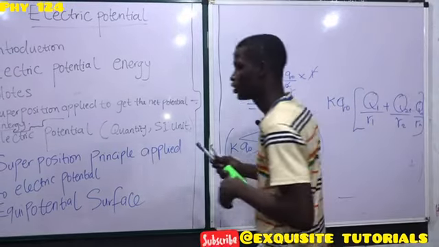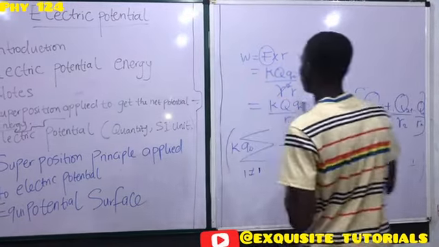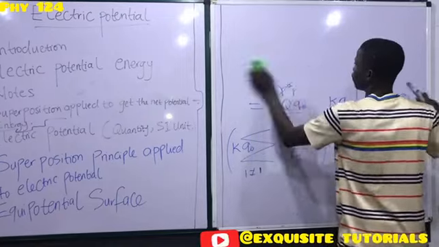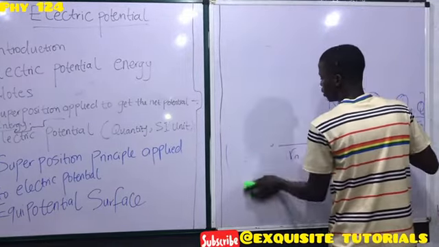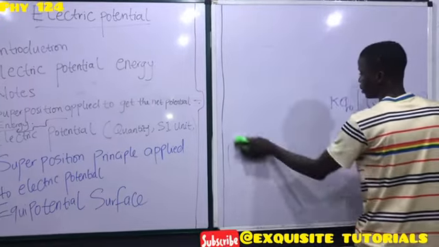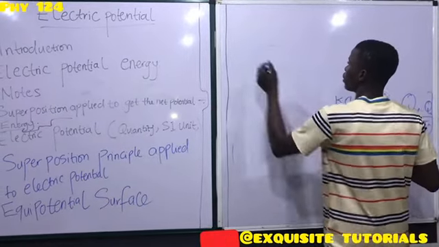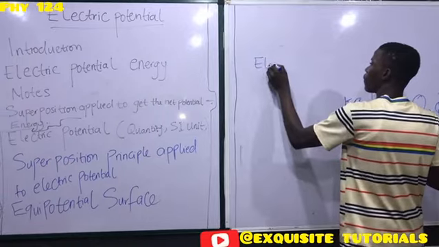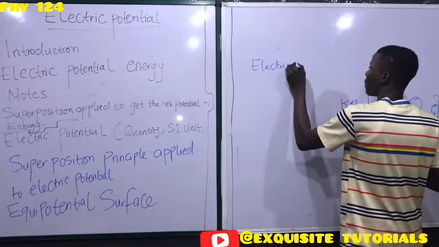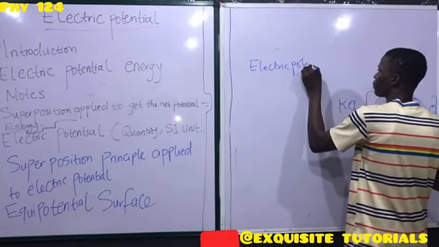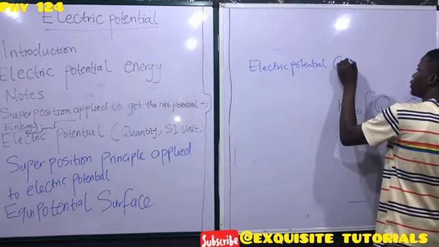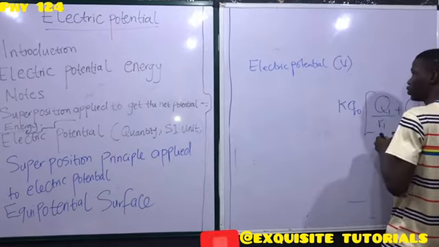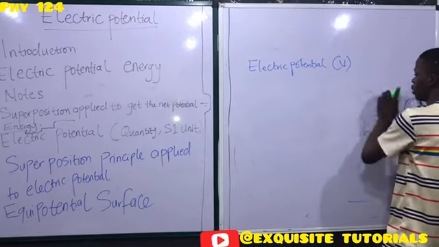Then our next subheading is the electric potential. Electric potential is usually represented as V. That is the SI unit of the electric potential energy.